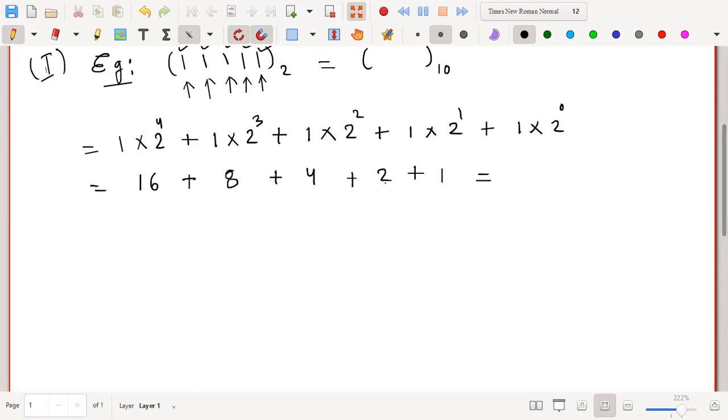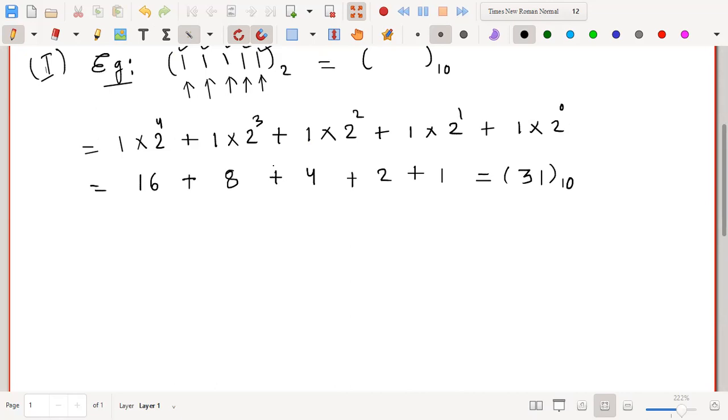If you add all these, 8 plus 4 is 12, 13, 14, 15, and 16, that is 31. So we have 31 to the base 10. This is how you convert one number system into another.